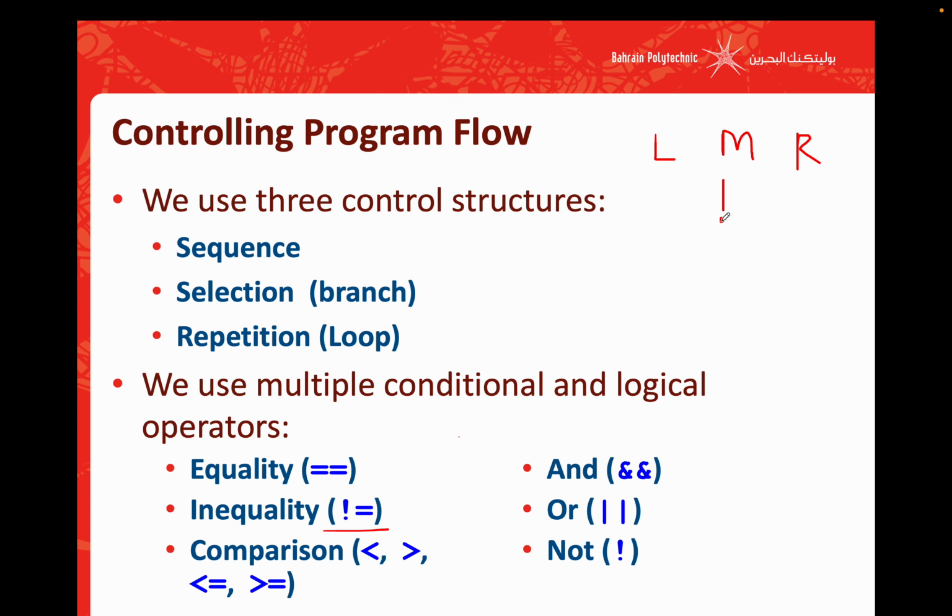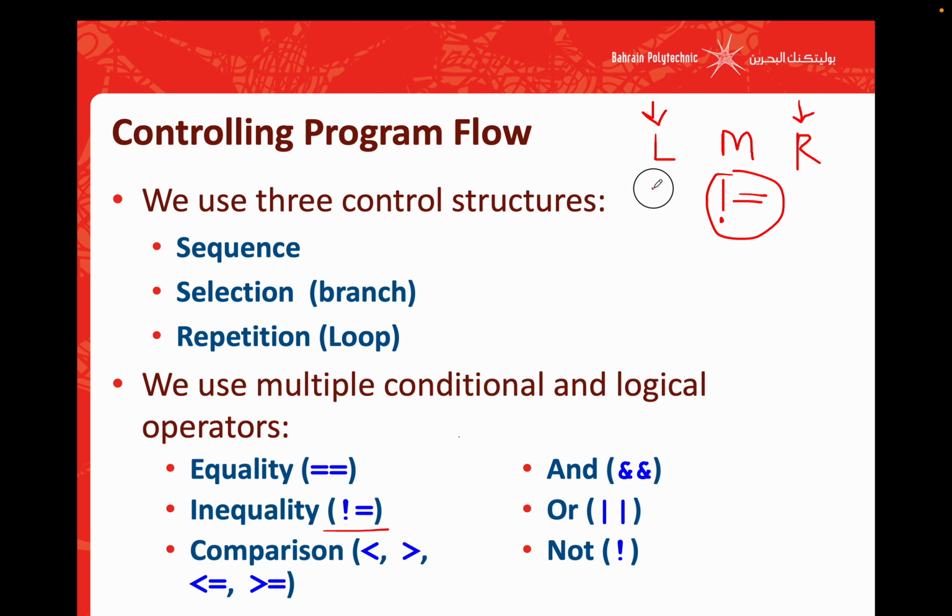Exclamation in programming stands for not. You're checking if the value on the left is not the same as the value on the right, and then it will give you true. But if the value on the left and the value on the right are the same, it will give you false.